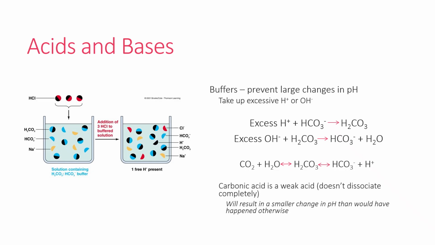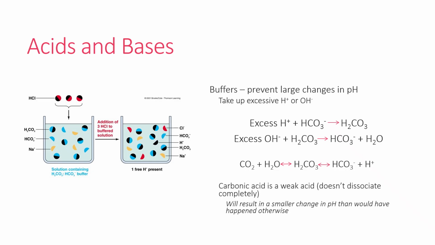If we have an excessive amount of CO2 in the body, we start to become acidic because we make lots and lots of this carbonic acid. Now this carbonic acid can dissociate into carbonate and hydrogen ions.